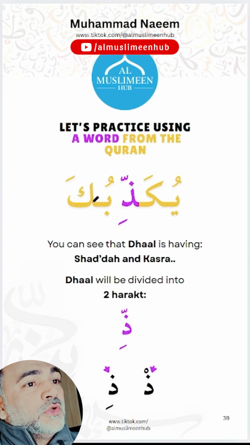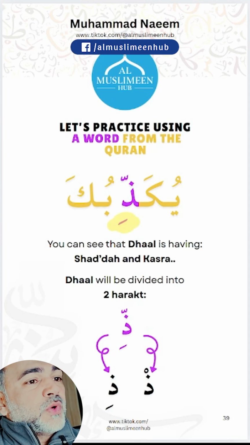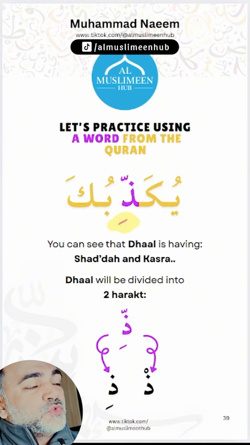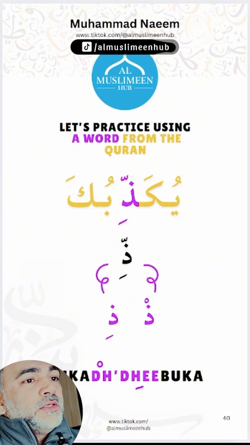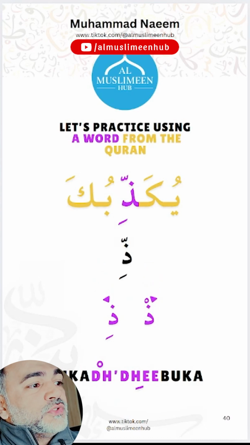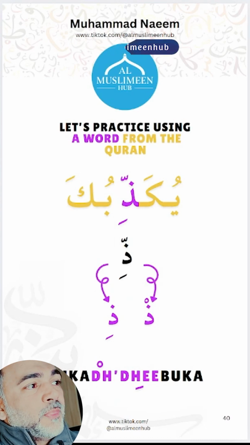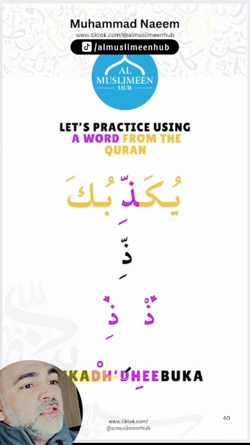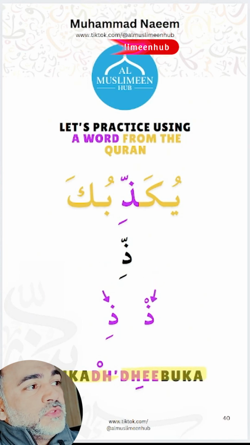You cannot ignore the kasra here. It has to be pronounced. That's why we break dha into two components, dha sukoon and dha kasra. In this example, now we'll try to read it. Yuqadh. The first part with sukoon, and then the second part of the word, that is kasra below the dha.